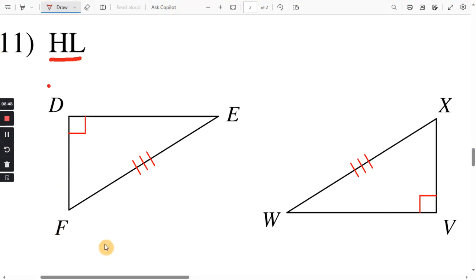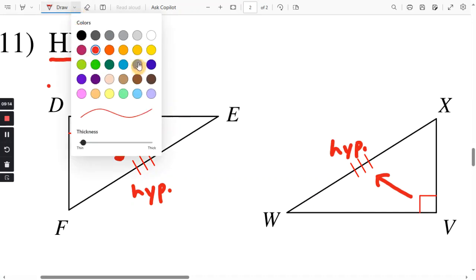So we have to find the missing info. Look across from the right angle, those sides are marked. So we might as well mark that side as a hypotenuse. Across from your right angle is your hypotenuse. Now, since we have the hypotenuses, we want a leg, or should I say a pair of legs.